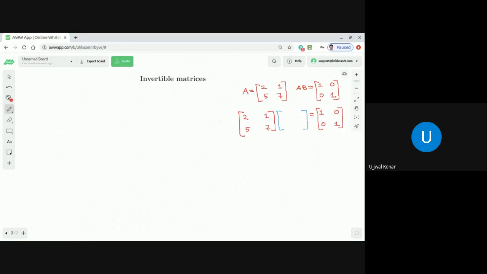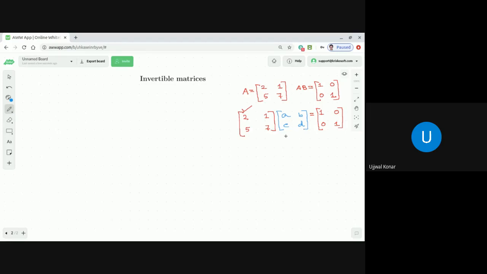So what you are learning, dear students, is that this is the matrix given to us, which I wrote in blue color. Suppose I write here A, B, C, D. This is called the inverse of the left-hand matrix.